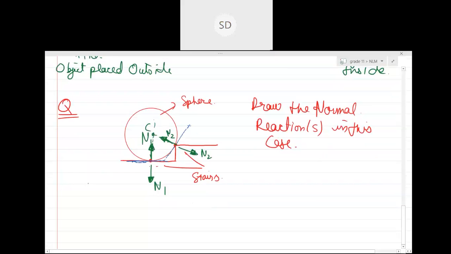We'll see how we do the questions, and then later on we'll keep on increasing the number of forces. The next force is tension in a string.